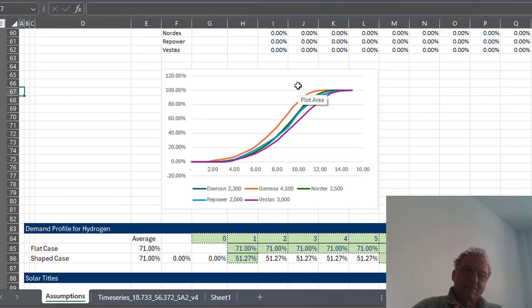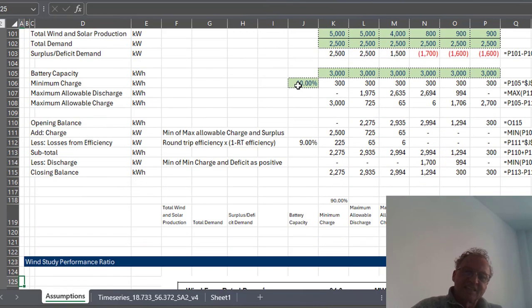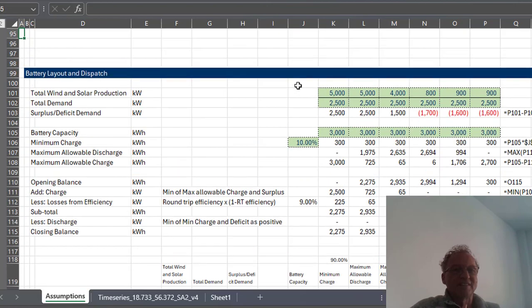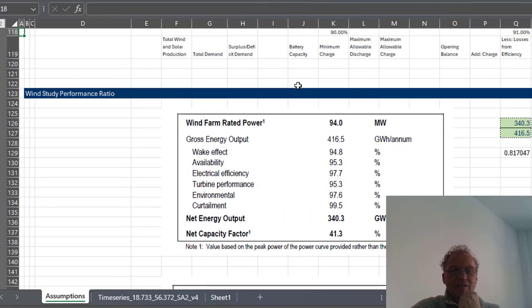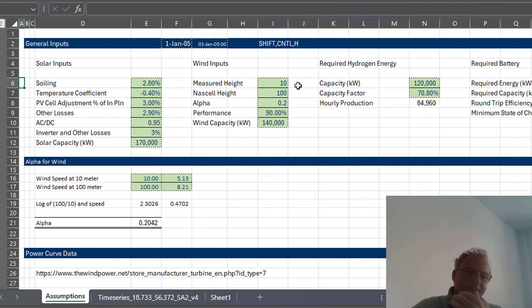Here's our power curve for the wind. And then here's an illustration of how you work through the dispatch, essentially, of a battery, and a little more information kind of on the performance ratio of the wind.